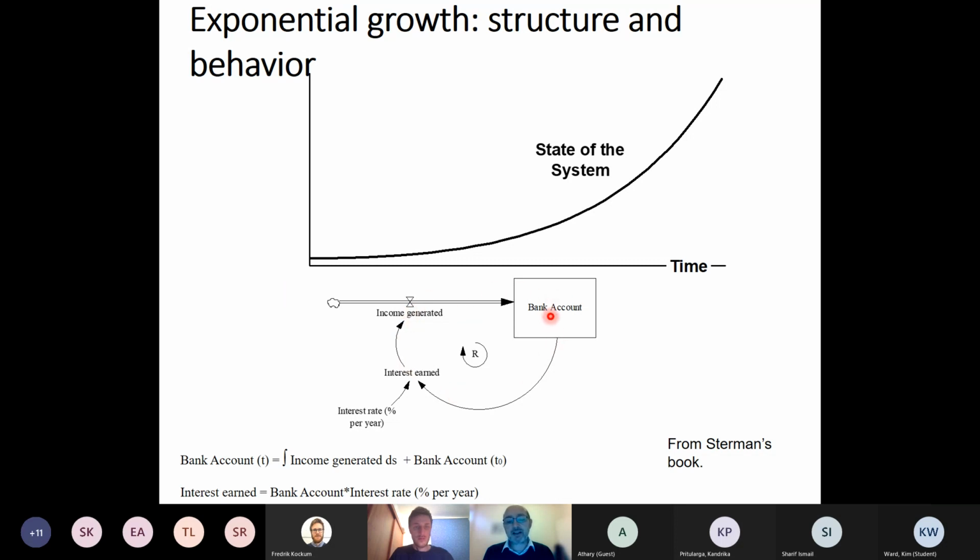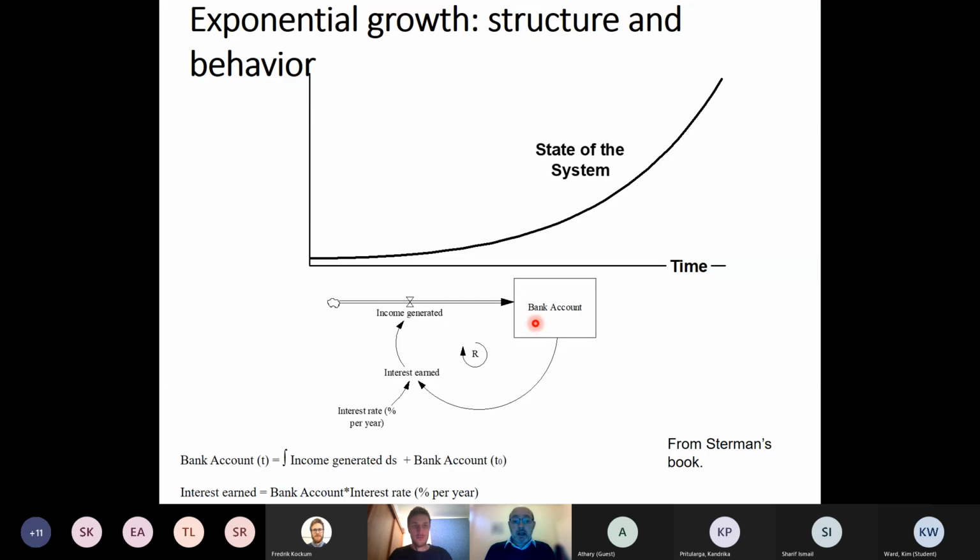This reinforcing structure can be associated with almost any process where you see exponential growth. It can be a bank account, it can be population with the birth rate, it can be the number of people with COVID, right? This is the number of people infected. The famous R is the number of people that have the disease, and then you keep accumulating.